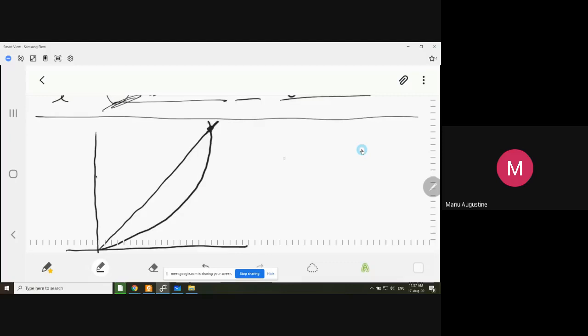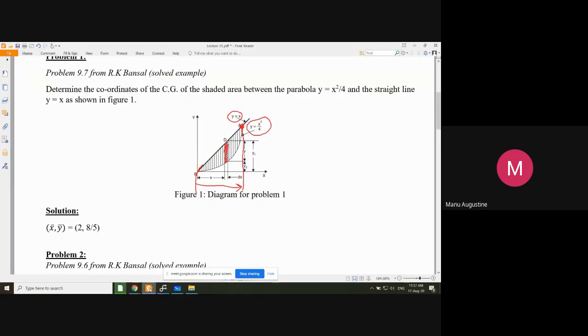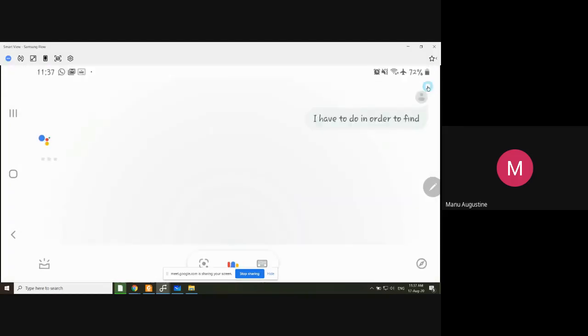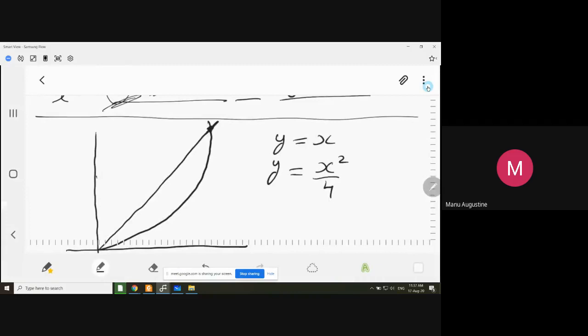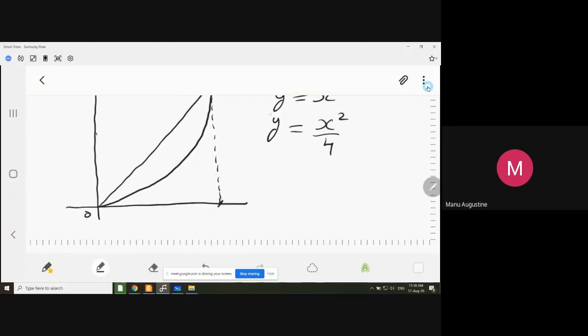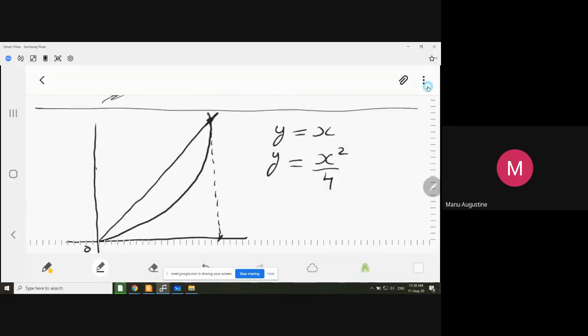One equation is y equal to x, and the other parabola equation is y equal to x square by 4. Okay, so all you have to do in order to find the x location of this intersection point is to put these two equal to each other.